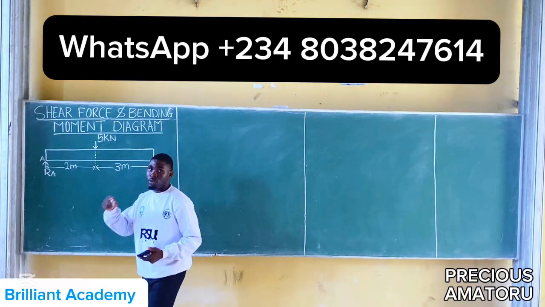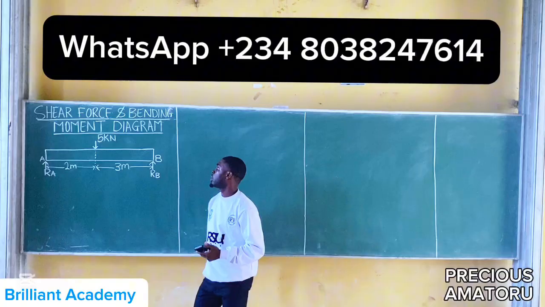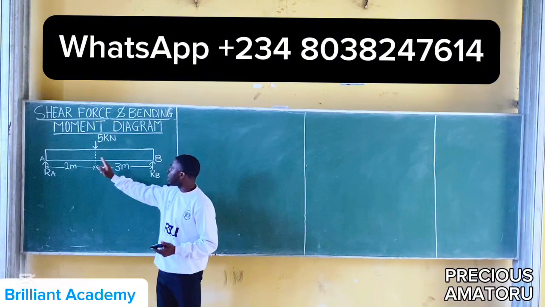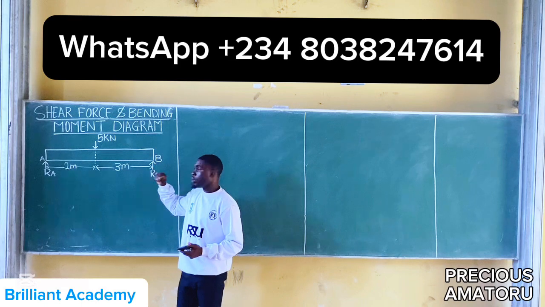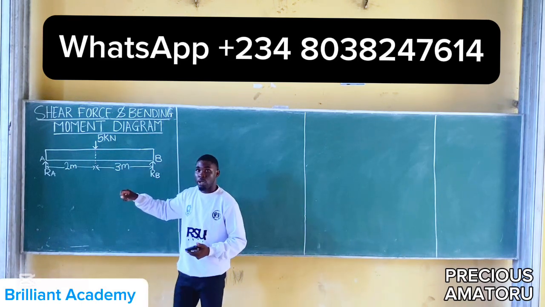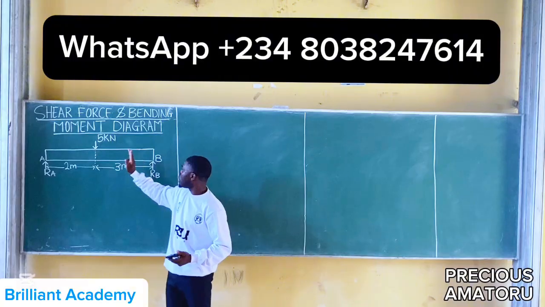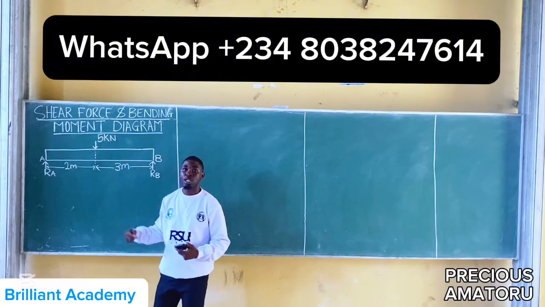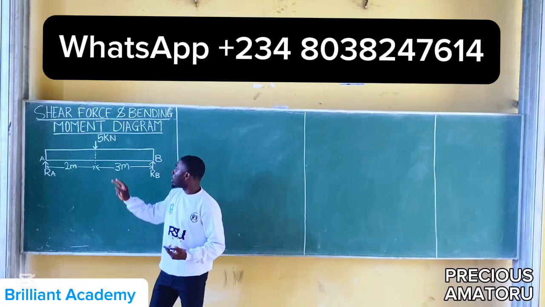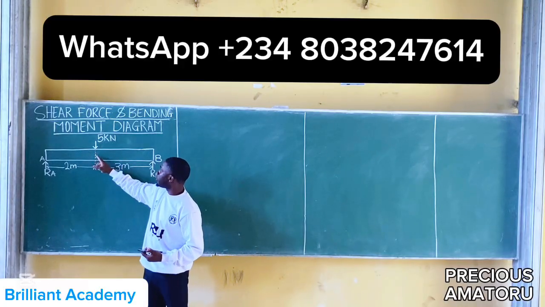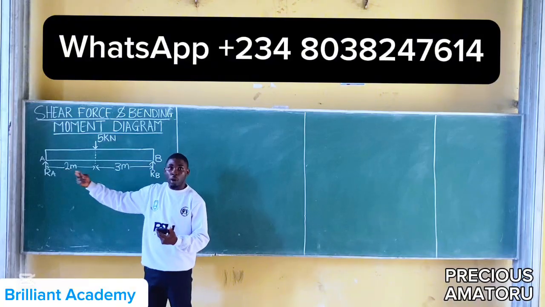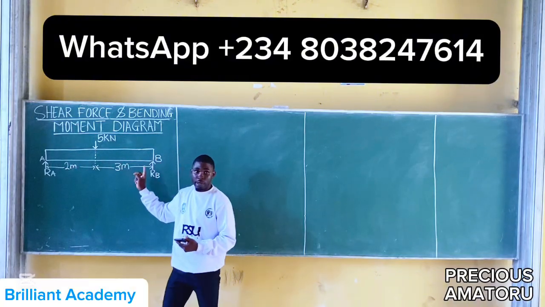So the next thing to consider here is, what is the shear force at any point of the beam? So it is said that the shear force at any point of the beam, let's say you're taking this point, the shear force at this point will be the sum of the vertical forces, either going upward or downward, summed to the left or to the right.